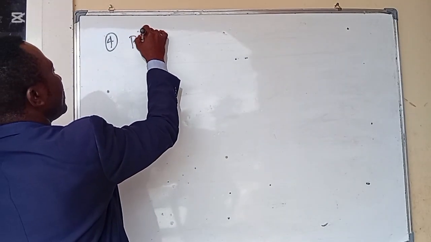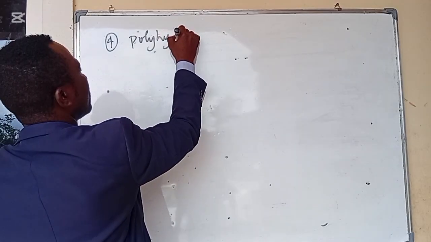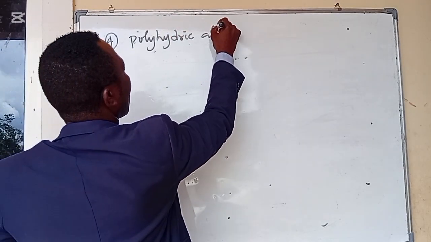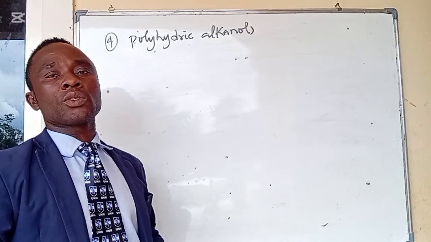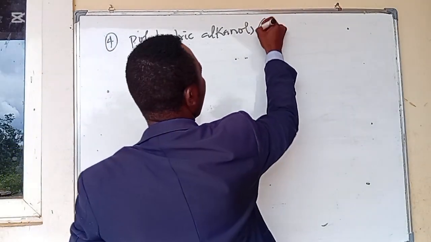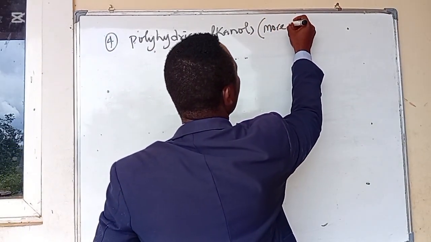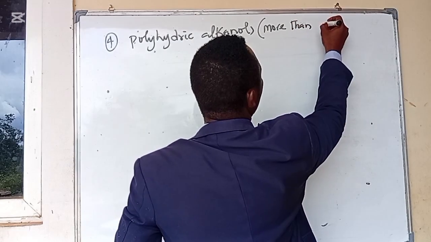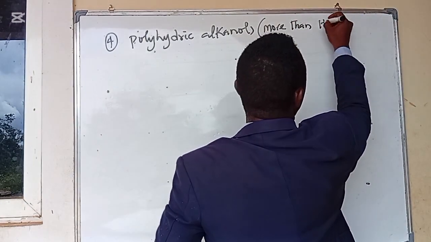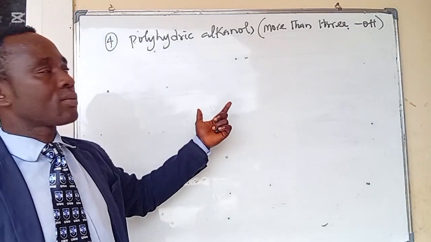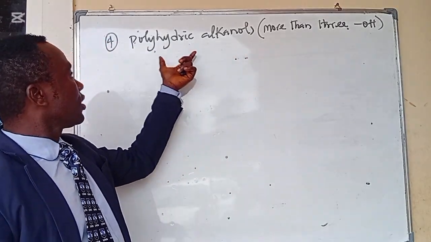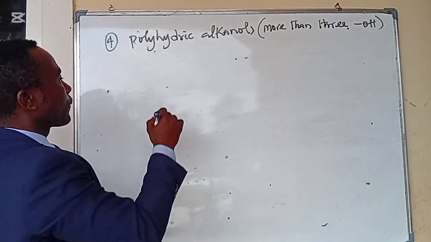Then the next, number 4, you have polyhydric alkanols. Polyhydric alkanols are those alkanols that have more than 3 hydroxyl groups. Anytime an alkanol has more than 3 hydroxyl groups, it is a polyhydric alkanol.